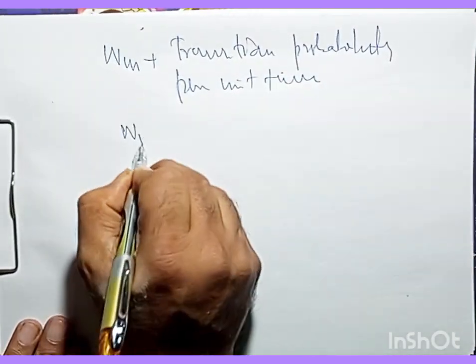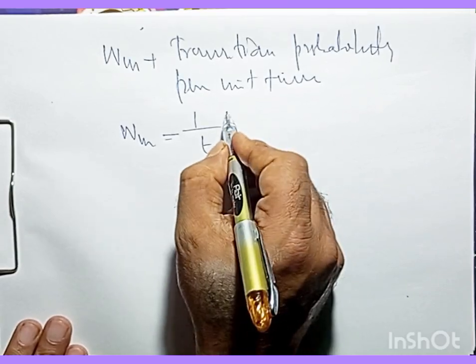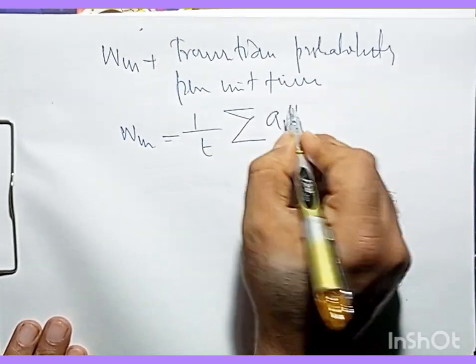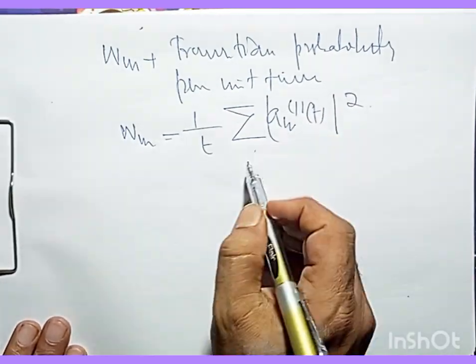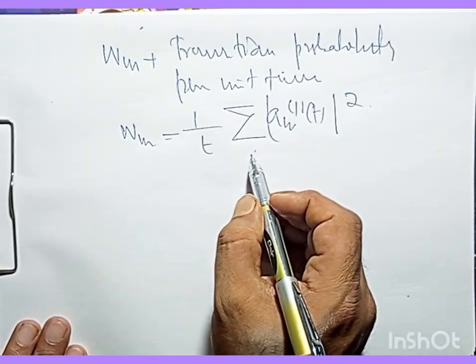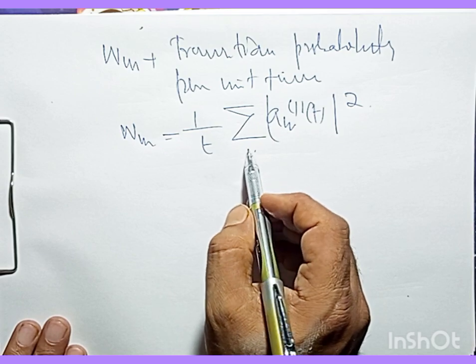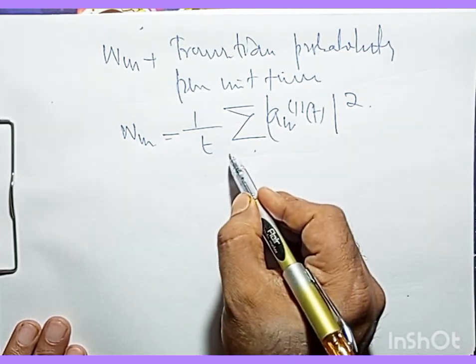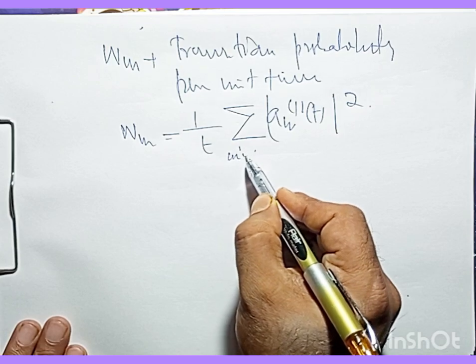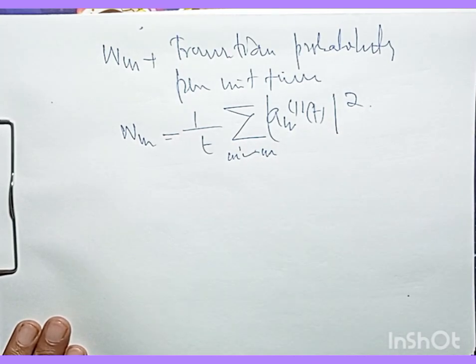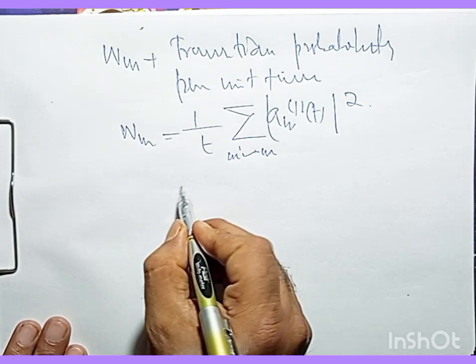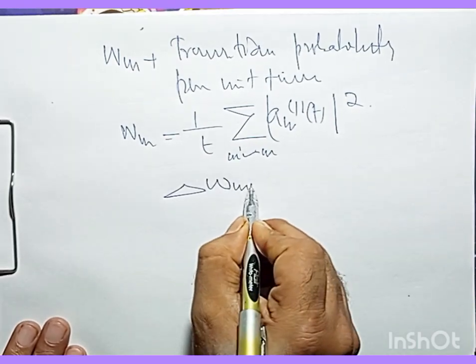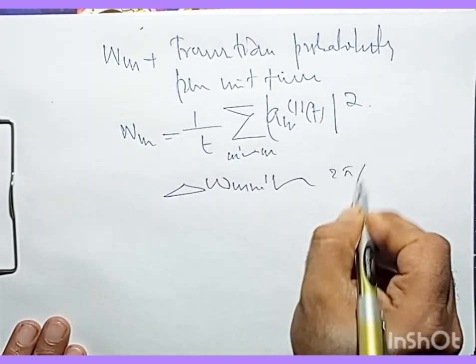And this Wm is 1 by T sigma Am1 of T whole square. And this summation is carried over all the range of energies that are consistent, say taking some m dash very close to some n, and consistent with Heisenberg's uncertainty principle, so that this delta omega m dash is nearly 2 pi by t.